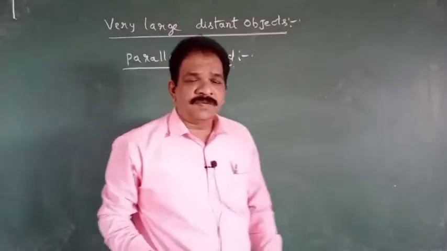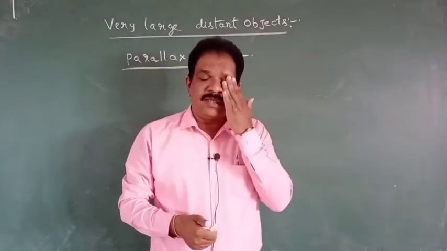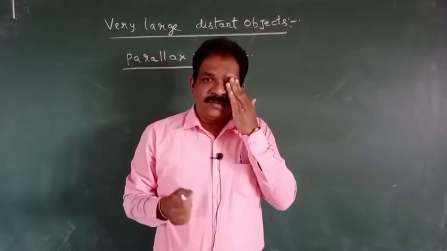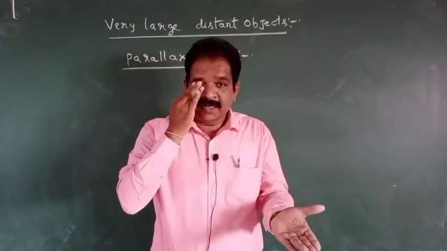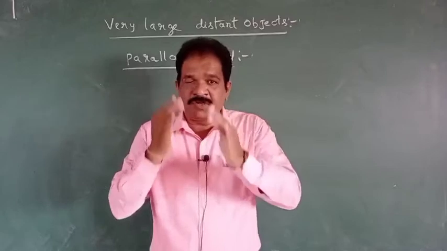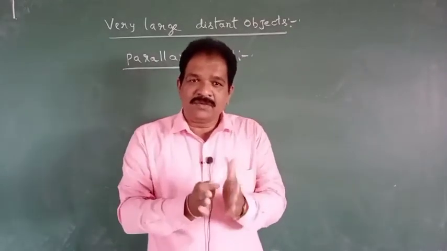Parallax method means, for example, I am observing an object by closing my left eye. It appears here in front of me. If I close the right eye and open the left, I will observe a small shift in the position of that object. Actually, the object is there only.